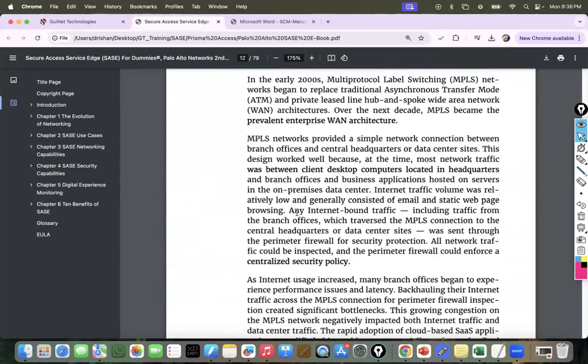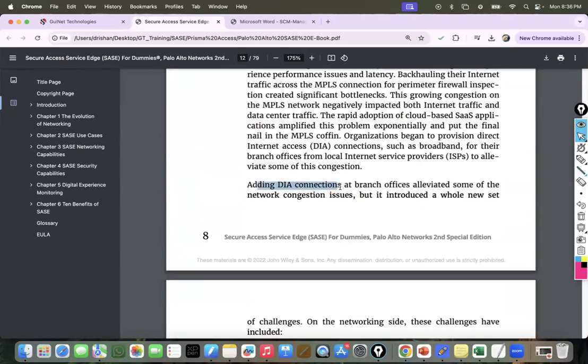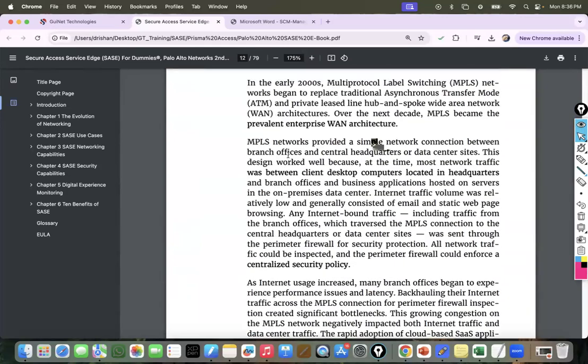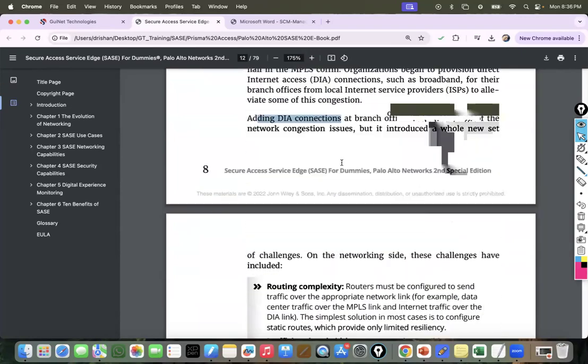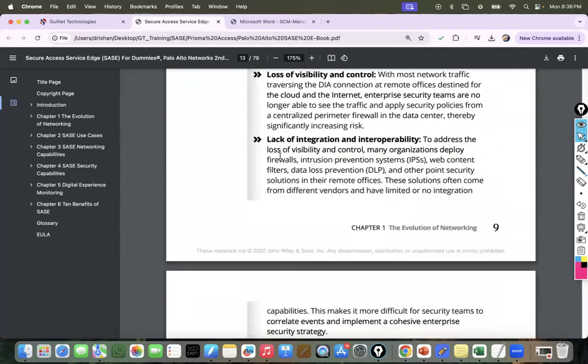You can use this book to understand the DIA circuit connection, the MPLS connection, the ATM network. It even has the history of how earlier networks looked and how they gradually transformed into SASE.